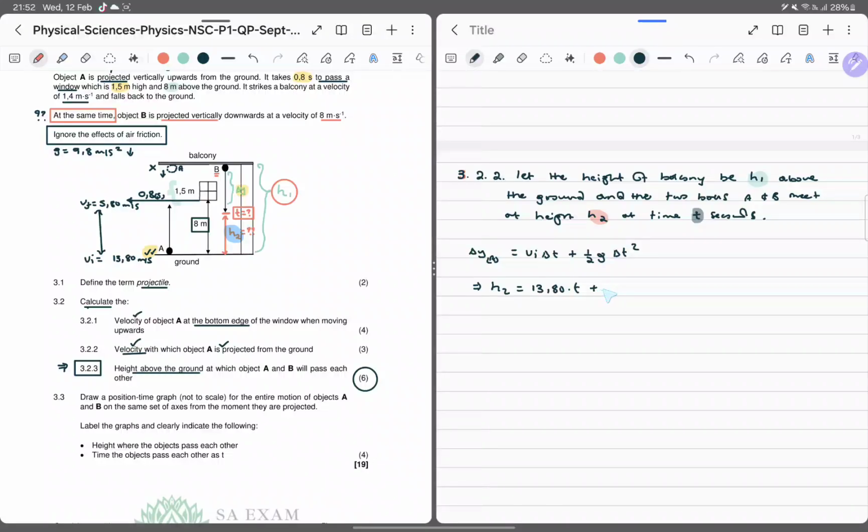Can you see? We are setting this up nicely. Plus 0,5 into, remember ball A is going against gravity, but the gravitational acceleration is always downwards, into t squared. So therefore H2 is 13,80 t plus, let's put it in brackets to show it's a substitution, the sign here is going to be negative, so it's 4,9 t squared. We can make this equation 1.